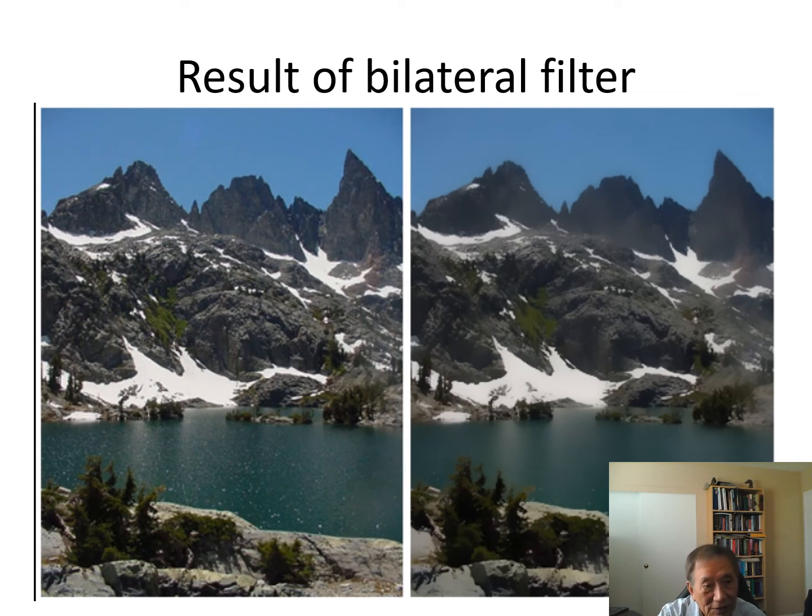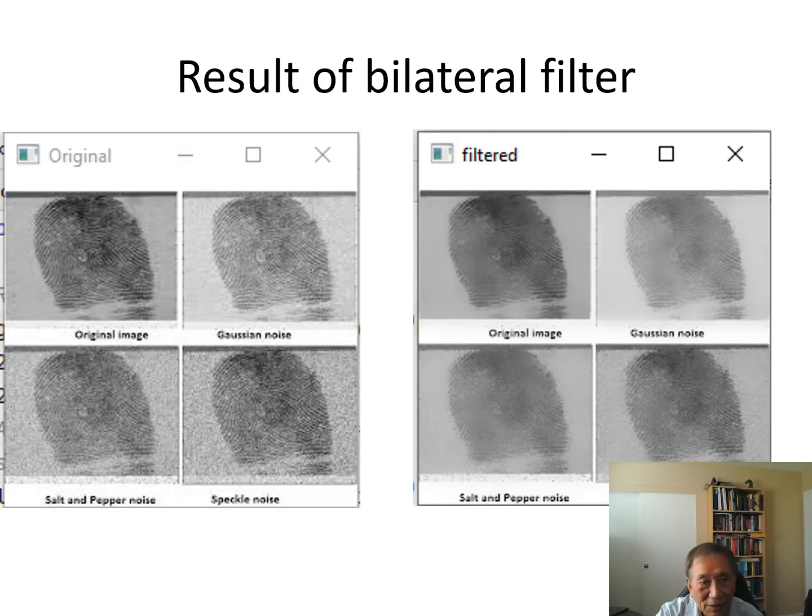So this is the original picture and the bilateral here. Here we see clearly that this one looks clearer, but a better one is this other example I pulled out. So the original one, this is a fingerprint image.